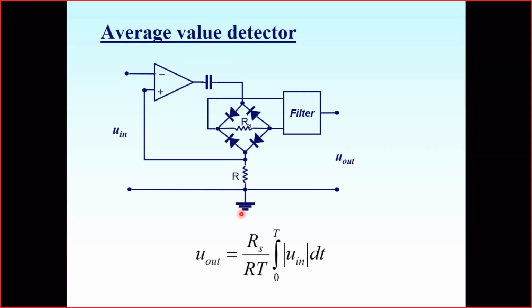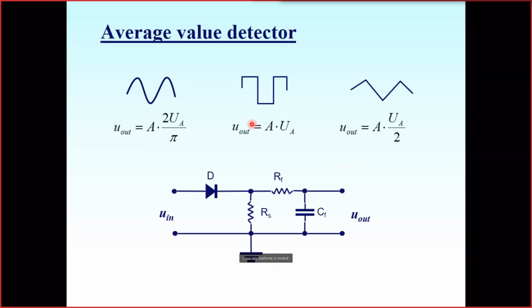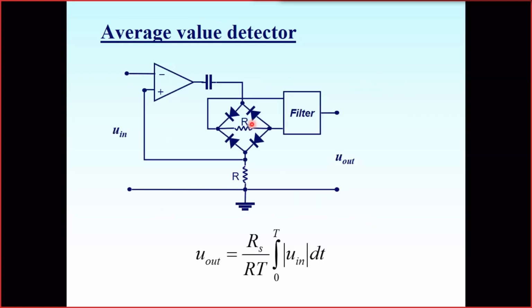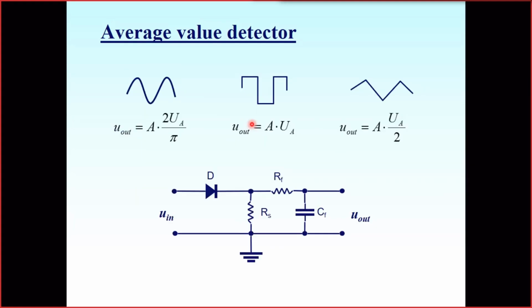So if the current through the bridge is constant, the amplitude of the current will be constant, so the voltage amplitude over RS will be constant too. Here's a quite complicated circuit. Here is a more primitive circuit where RF-CF works as a filter.